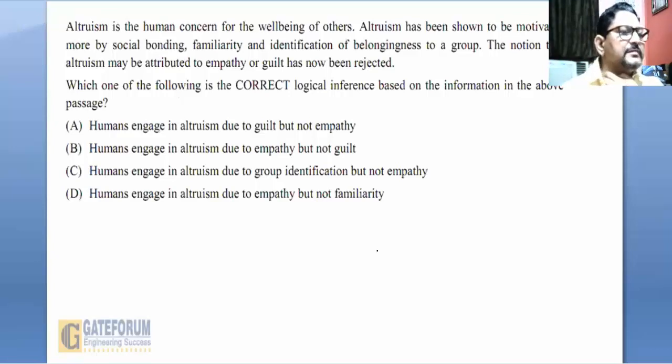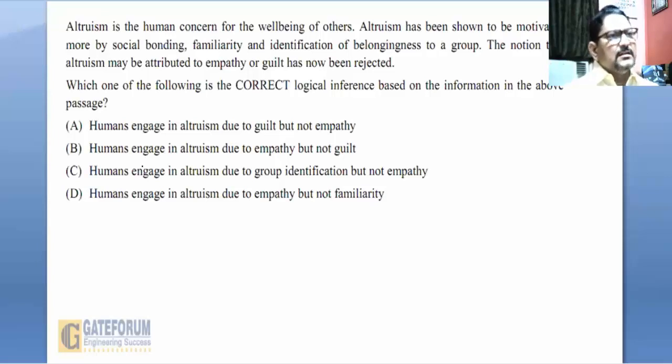This is a critical reasoning problem, and critical reasoning does test the vocabulary of a student. Altruism is the human concern for the well-being of others. So the examiner has himself or herself told us what is the meaning of altruism. Altruism has been shown to be motivated more by social bonding, familiarity, and identification of belongingness to a group.